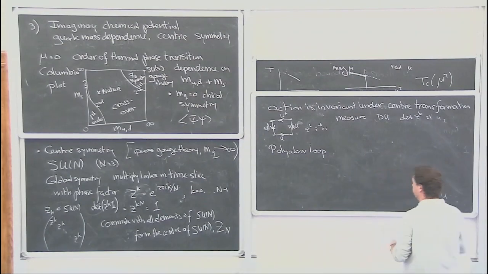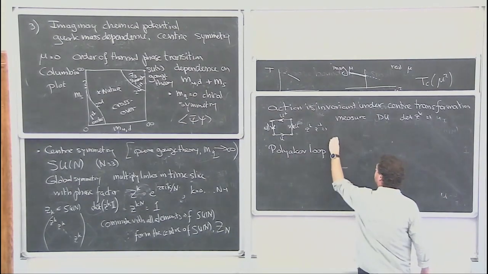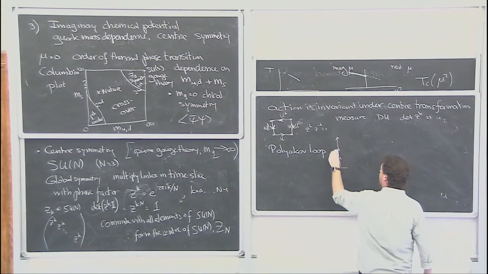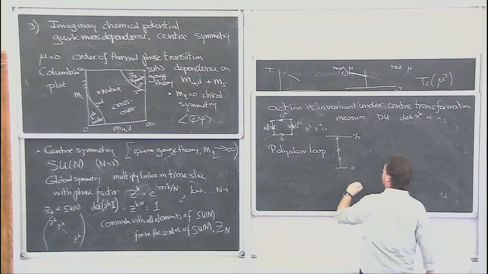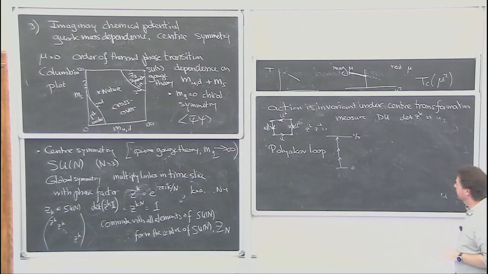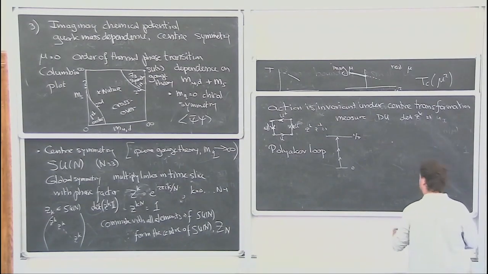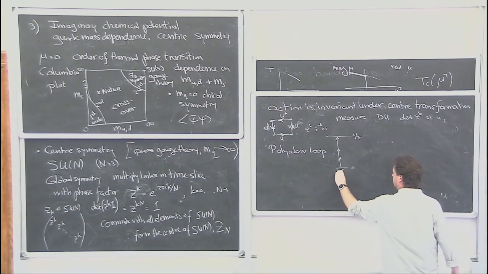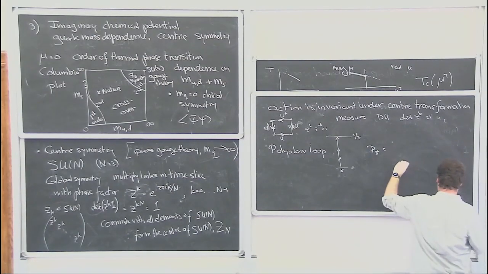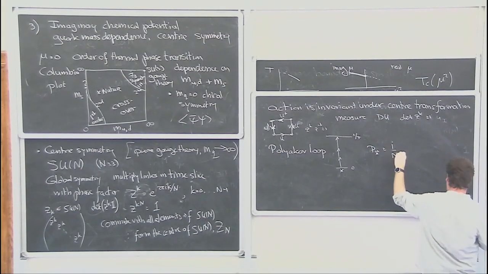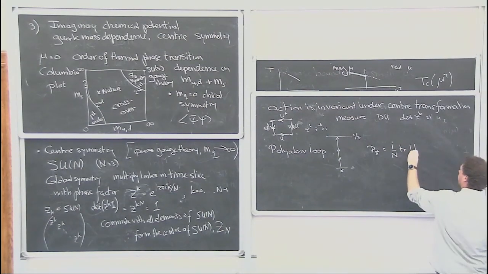So what's the Polyakov loop? The Polyakov loop is basically the product of all the links in a temporal direction which wind around the lattice. So in terms of equation, it depends on position x here. P of x is 1 over nc, and then the trace, and then the product.